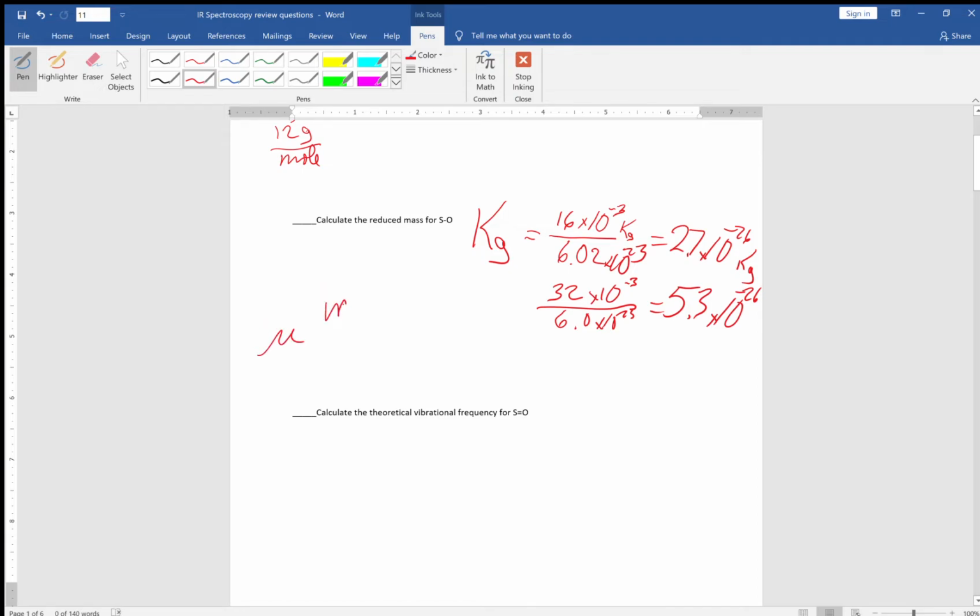Reduced mass is M1 times M2 divided by M1 plus M2. If we substitute that in, we get a reduced mass of 1.8 times 10 to the minus 26 kilograms.